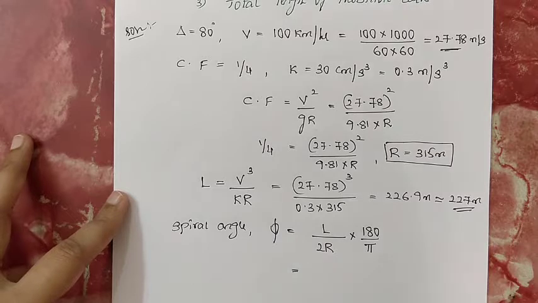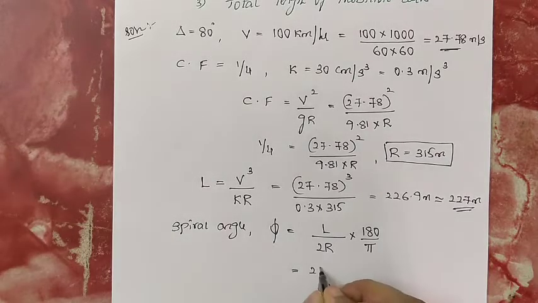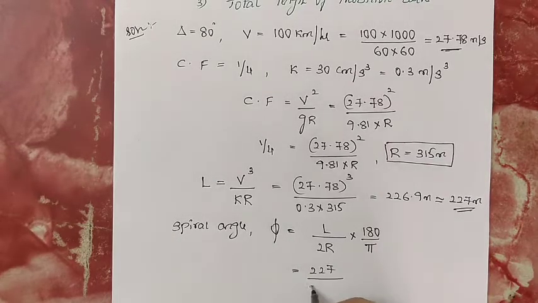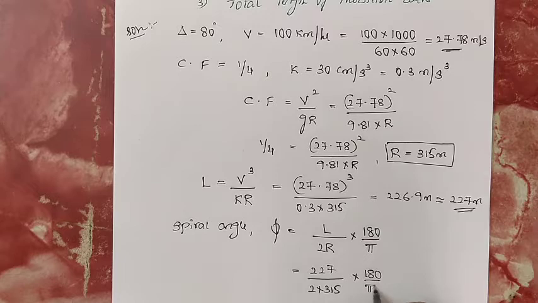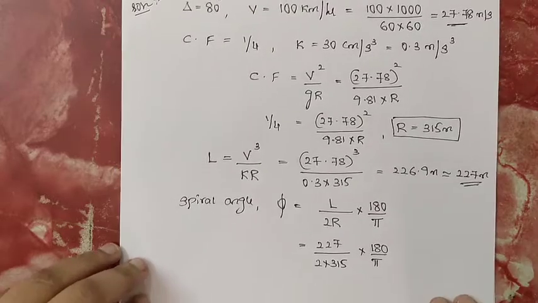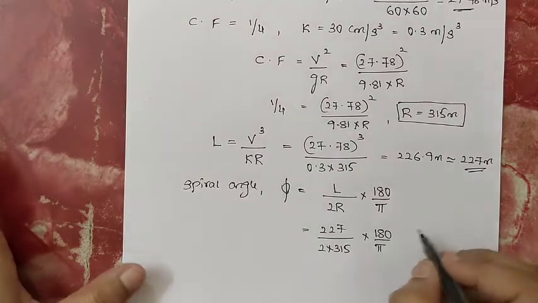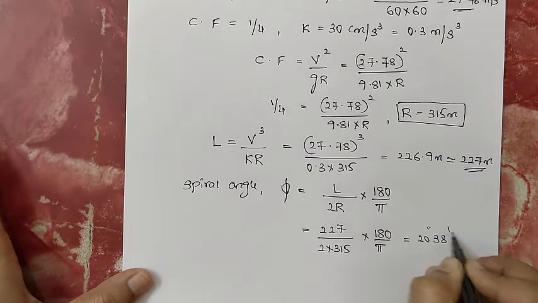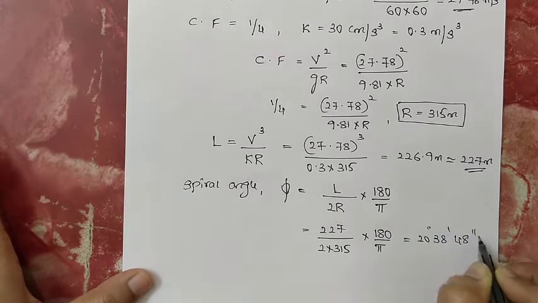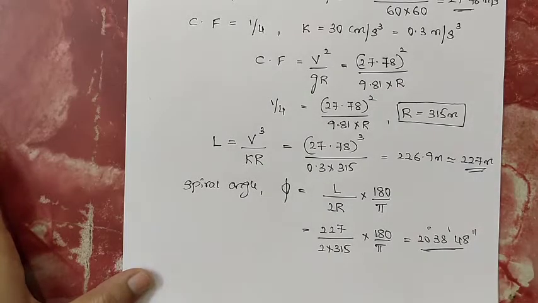Substitute the values: L is 227 divided by 2 into R, 315, multiplied by 180 divided by pi. Upon simplification you will get the spiral angle as 20 degree 38 minutes 48 seconds.